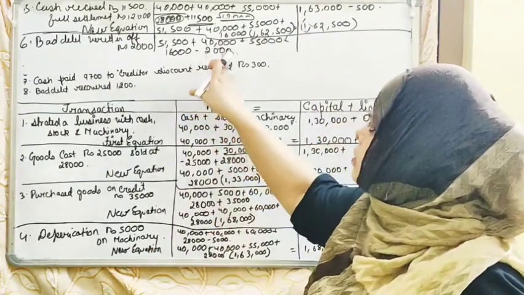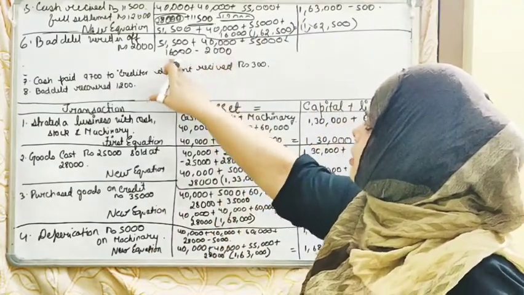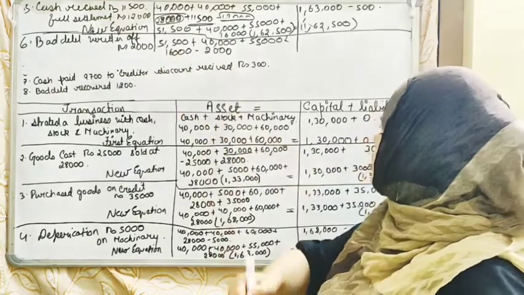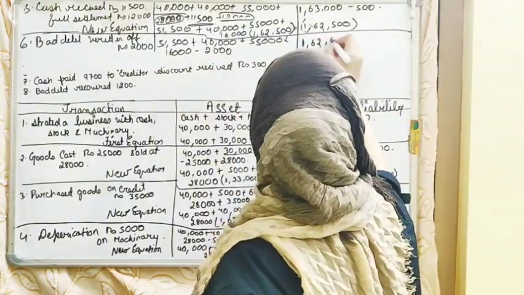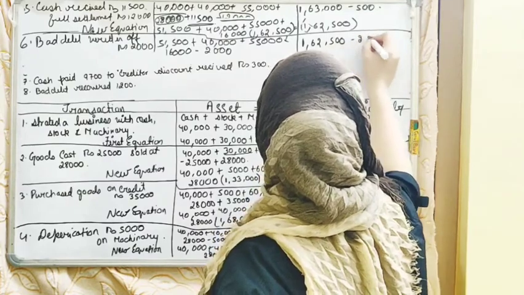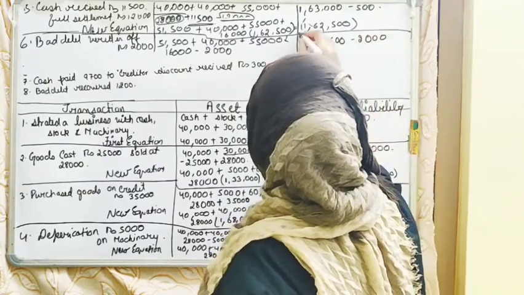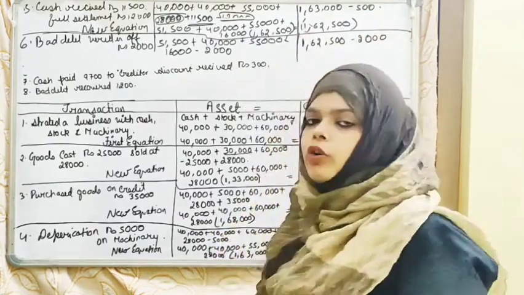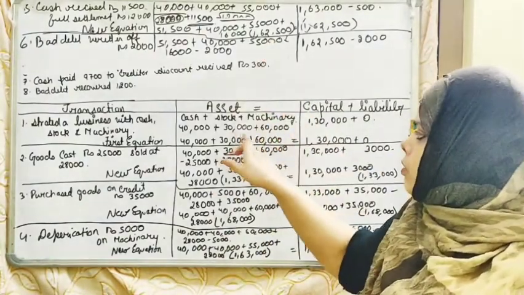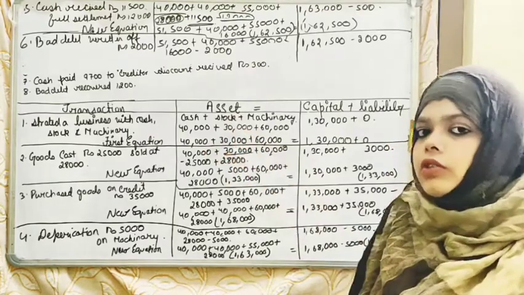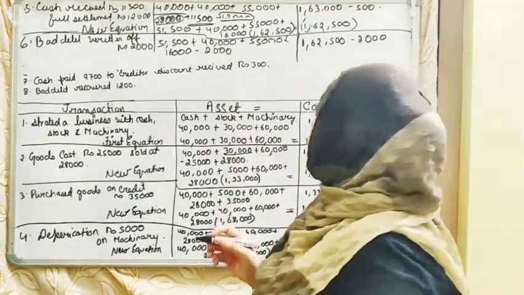So we will subtract this 2,000 rupees from the amount of 16,000, and here also 1,62,500 minus 2,000. It will be subtracted from the capital amount because the stock also belongs to the capital amount. Here we have a stock of rupees 20,000, that also belongs to the capital amount.